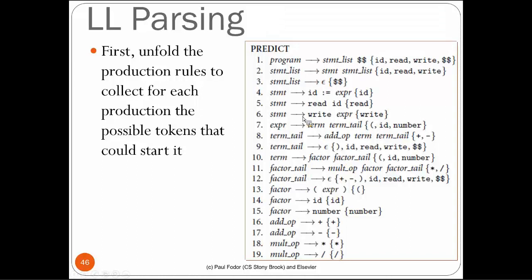So for every one of the production rules from 1 to 19 that we had in our original grammar, we can write the possible first token that can be in the input stream as an input to this production rule. So for the first production rule, we are saying that a program can start with an ID, with a read, with a write, or with the end of file.